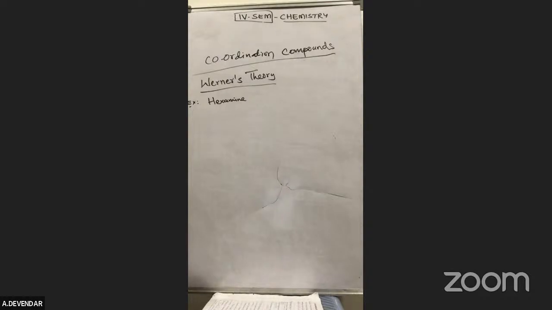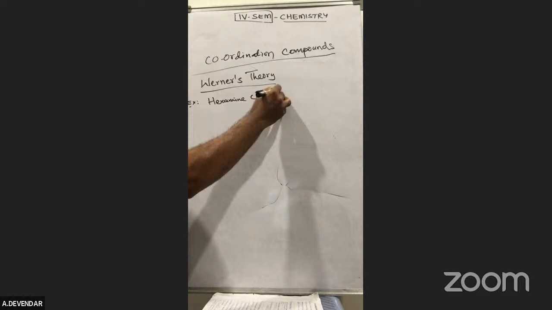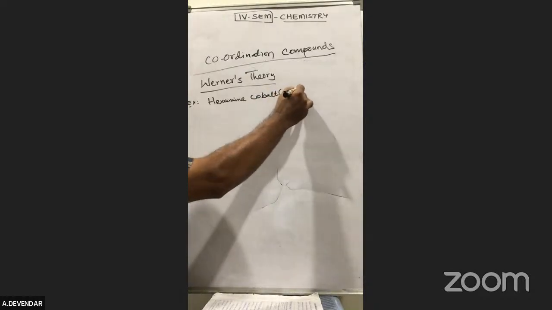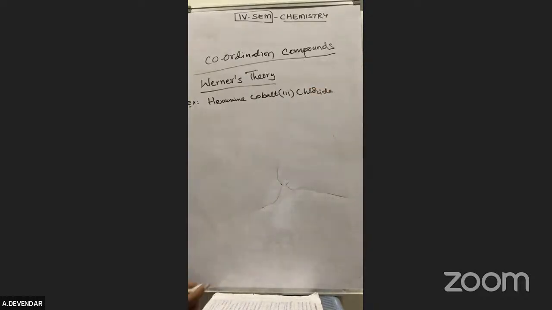So, hexaamine cobalt 3 chlorides. This complex compound is taken. First, write the structure.